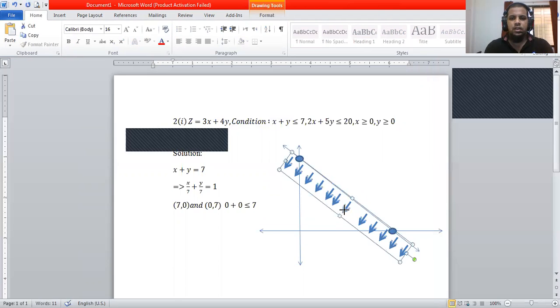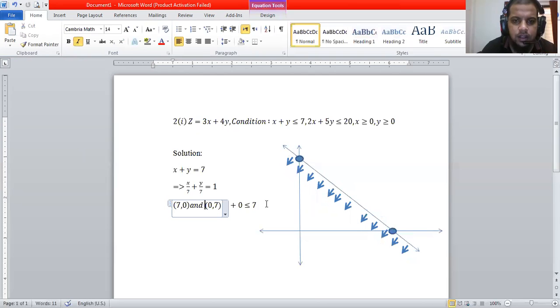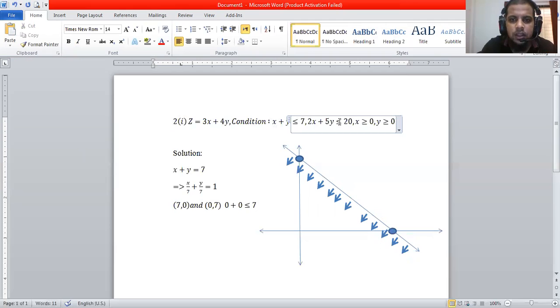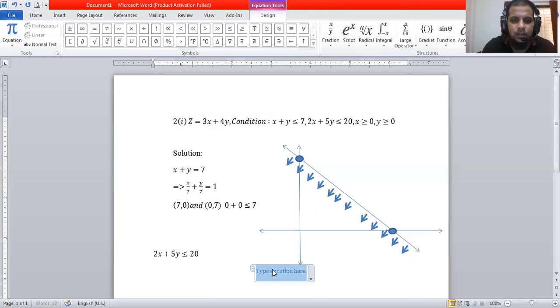Fine. Now the next line. The next one is 2x plus 5y is less than or equal to 20. With a view to putting it on the graph, we have to make it an equation which passes through both axes.